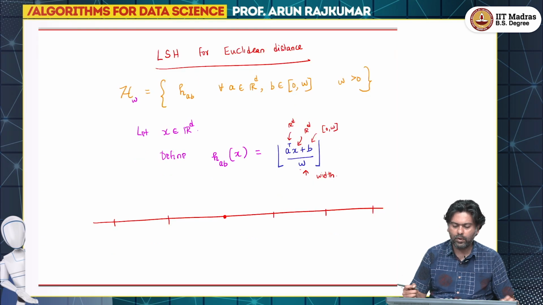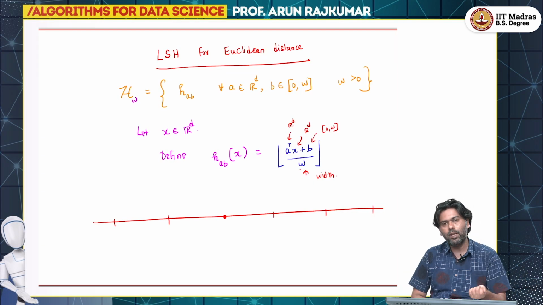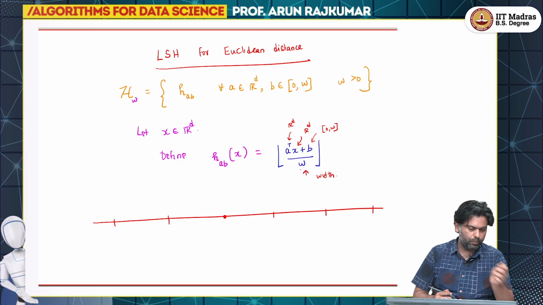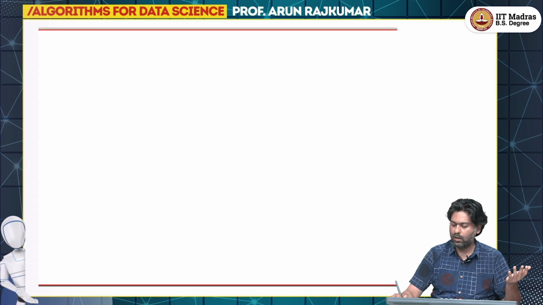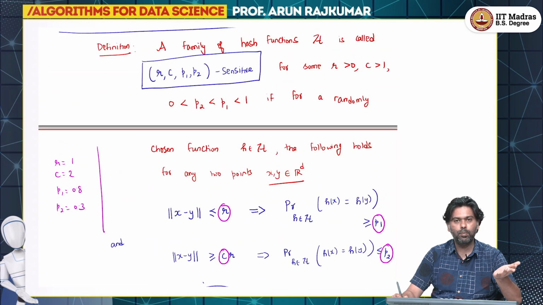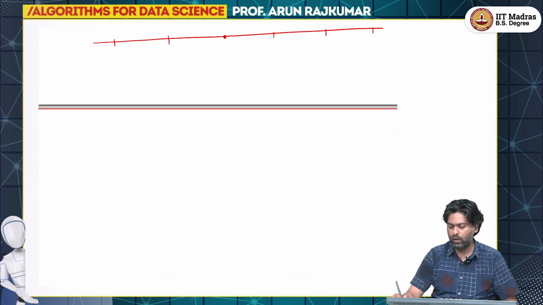Now I want to randomly pick a function from this bag. For every a and every b, this function is defined. So I need to give a randomized procedure to pick from this bag, so that the probabilistic guarantees I put down for an (r, c, p1, p2)-sensitive family hopefully hold. That's what I eventually want to hold.